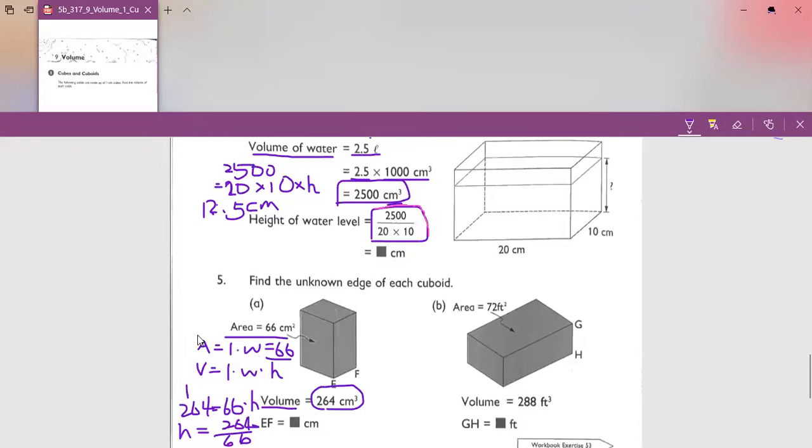All right, give me the answer on the group chat if you already figured out the answer. Include your unit, okay? When you do the calculation, in order to speed up, you don't need to write down the unit, right? But when you give out the answer, remember the unit is important.